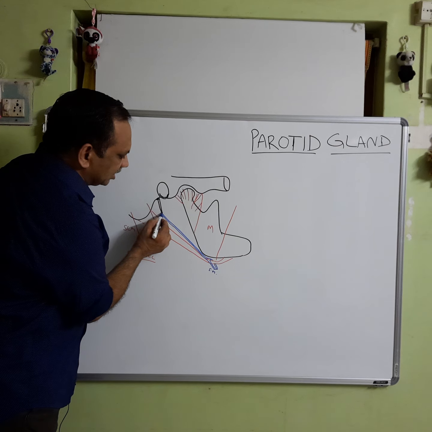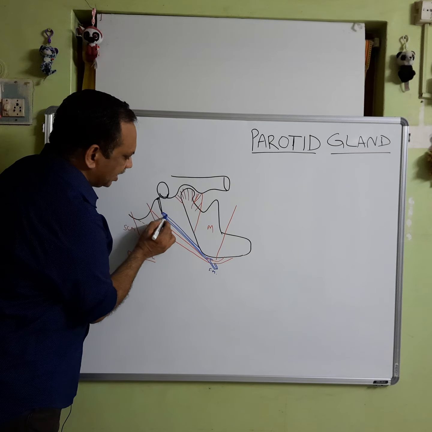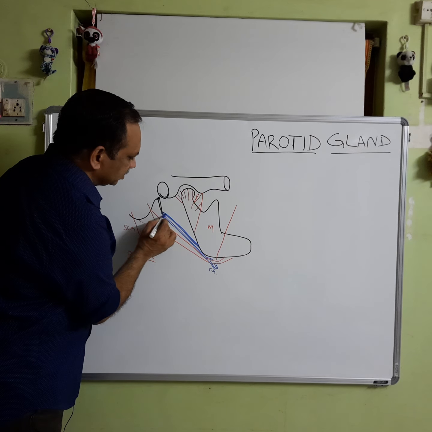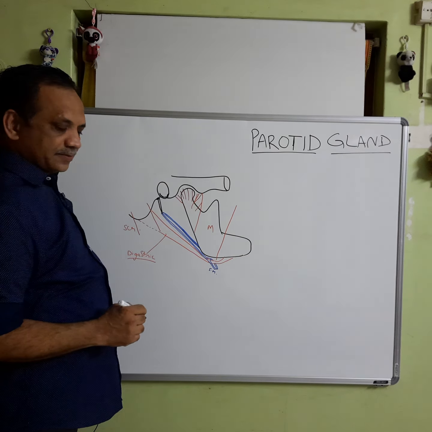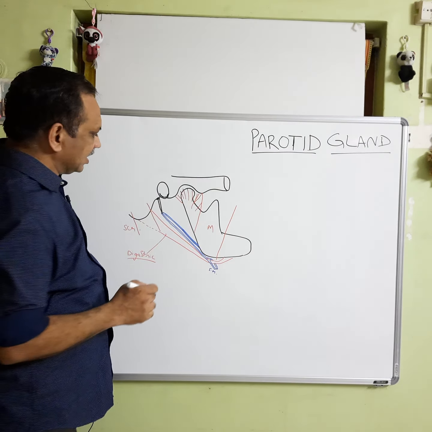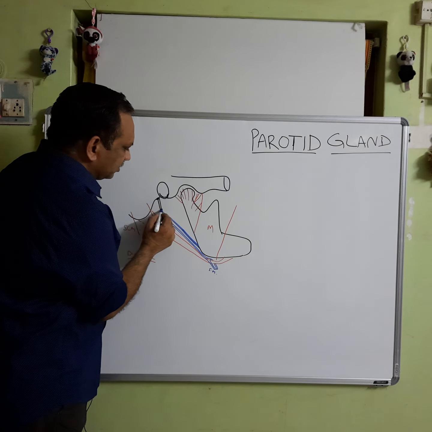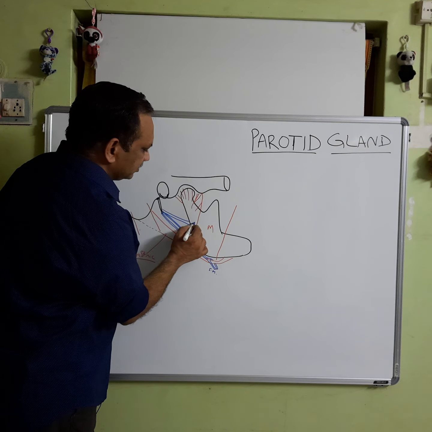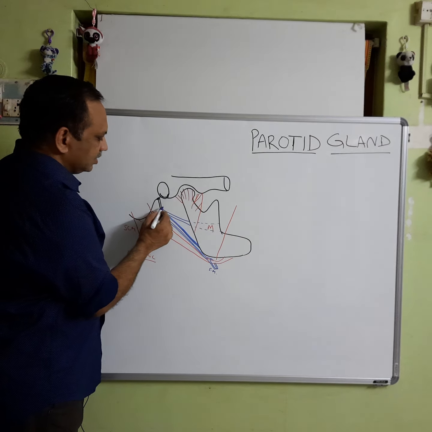Then from the tip of the styloid process to the angle of the mandible, we have a ligament. This is the stylomandibular ligament. Then another muscle to the tongue, the styloglossus muscle, goes medial to the mandible to the tongue.